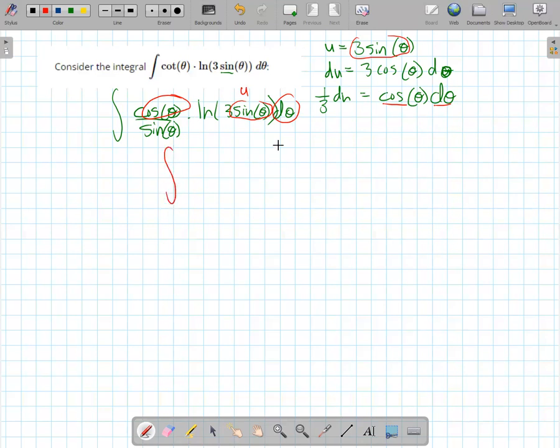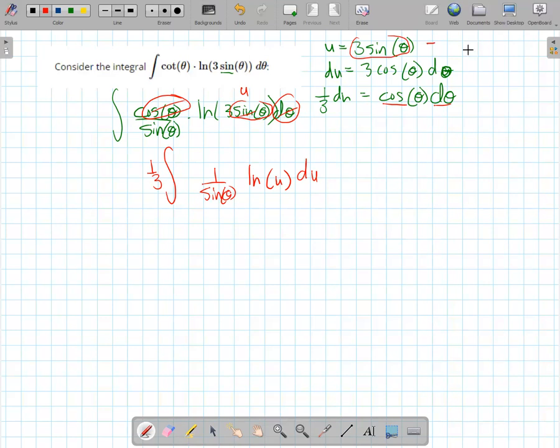So this should be the integral of, I'm going to put the natural log of u in there. Cosine d theta is 1/3 du. I'm going to put the 1/3 out front in the du here. So this is gone, that's gone, that's gone, but I still have the 1/sine here to deal with.